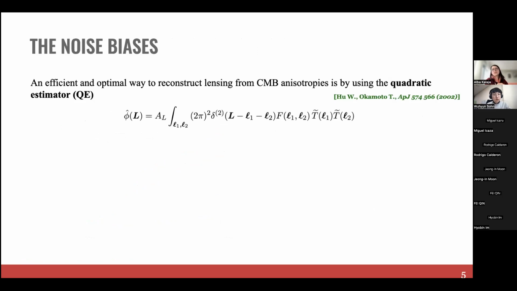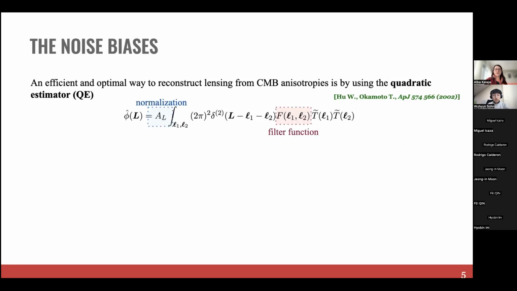A very efficient and somewhat optimal way to do this is by using quadratic estimators. In particular, the one that I'm showing here in the flat sky approximation is the so-called Okamoto quadratic estimator, and it's called quadratic because it depends on two of the CMB anisotropies, here the temperature.